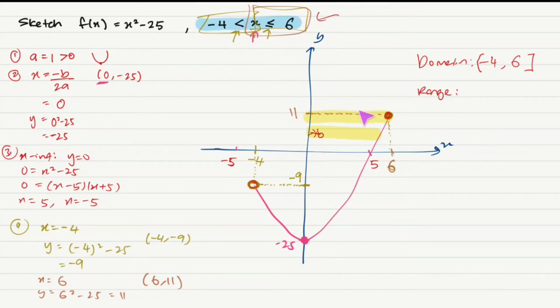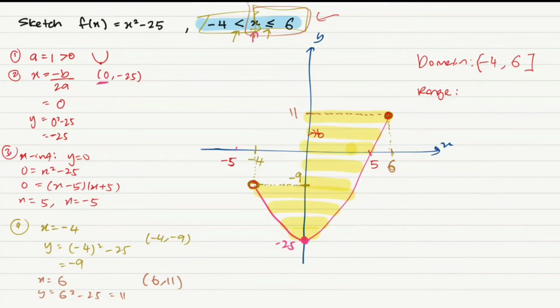Well, your ray will only hit the graph until y equal to 11, because after that, your Superman rays will not hit any graph. And then you should go below and see until where your Superman ray hits. And here you can hit both left and right sides, and the smallest value is -25.